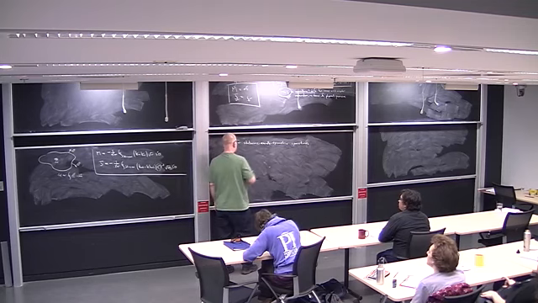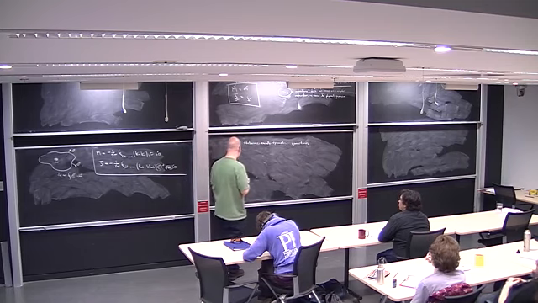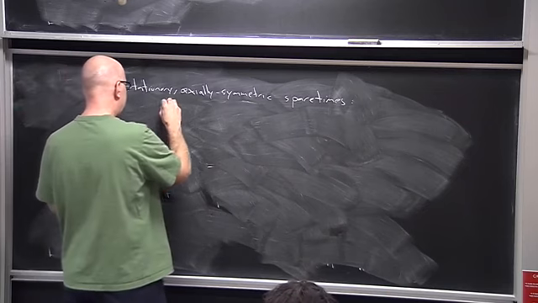But here I'll be talking about spacetimes that are stationary and axially symmetric everywhere, so I'll need that in the bulk as well. So for stationary and axially symmetric spacetimes, we have Killing vectors.